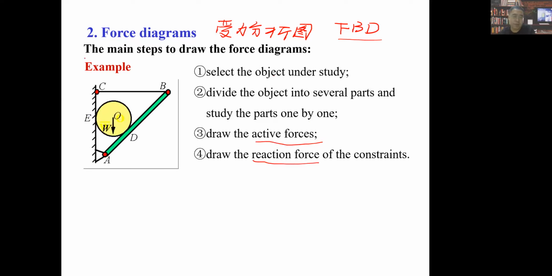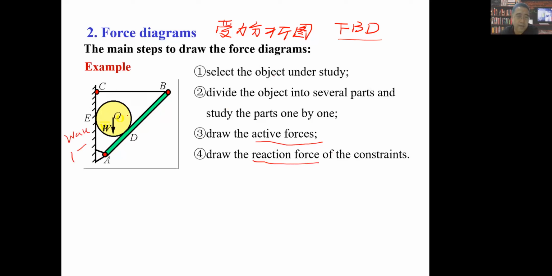Let us look at this example. So actually we have this, maybe a fixed wall, right? The wall we call 1. We have this very slim rod AB.